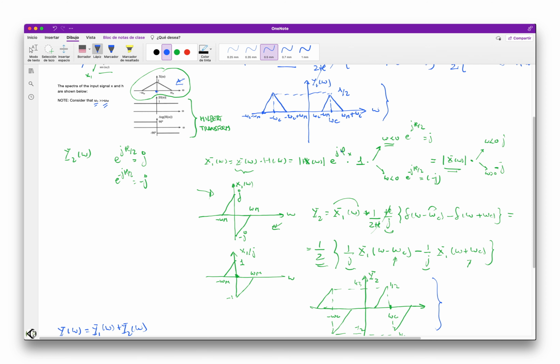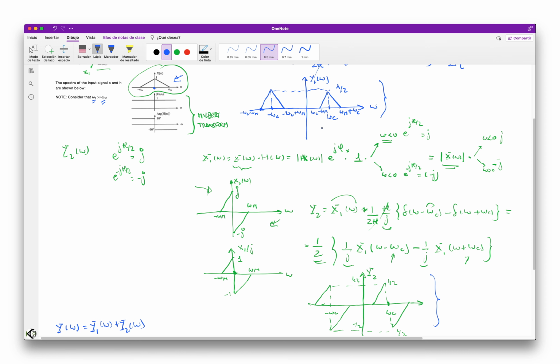As you can see, there are parts that get twice. For example, this triangle here and this triangle here will add up together and be twice the height of the triangle, and also this triangle here with this triangle here will add up together in the positive sign and the negative axis.